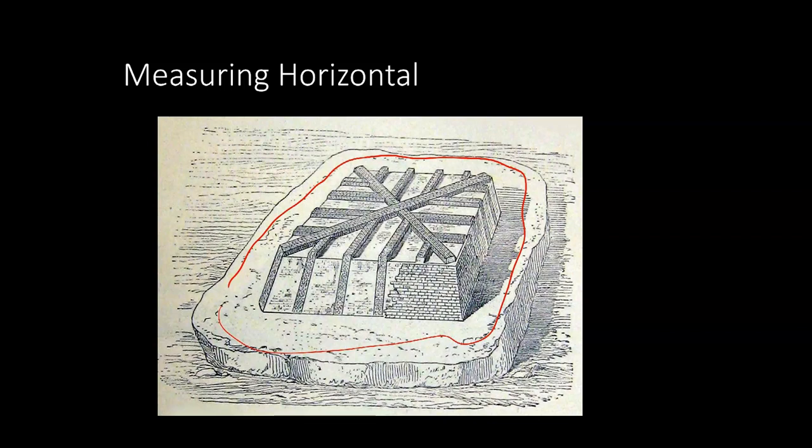So you use water to take advantage of that. If you have a level in your house, you can see that the levels we use today use water, not in an identical fashion, but they do use water to tell you whether or not something is level. So check that out if you are interested.